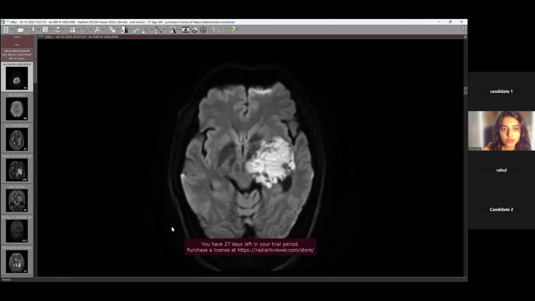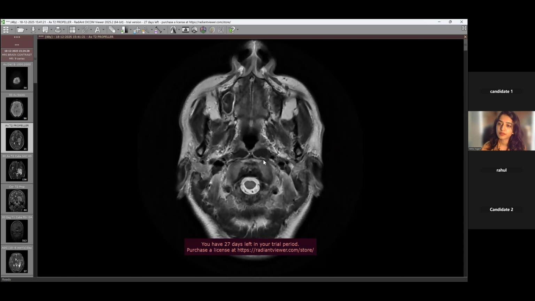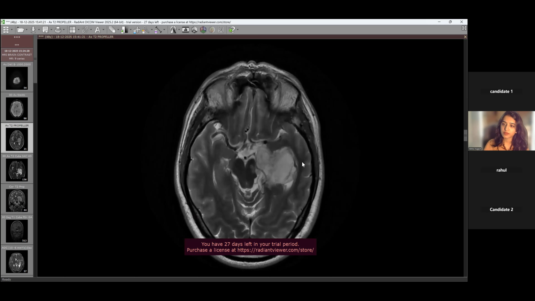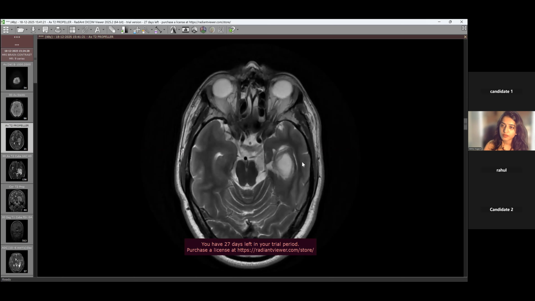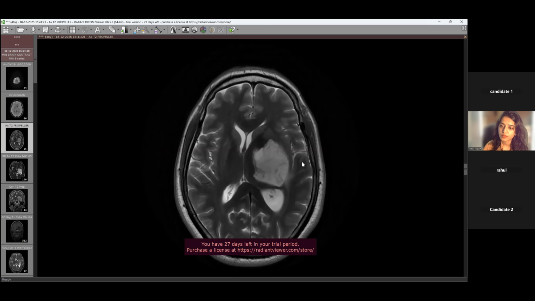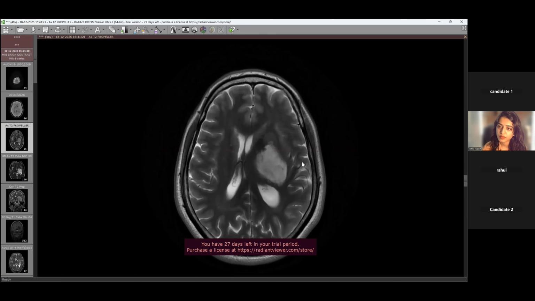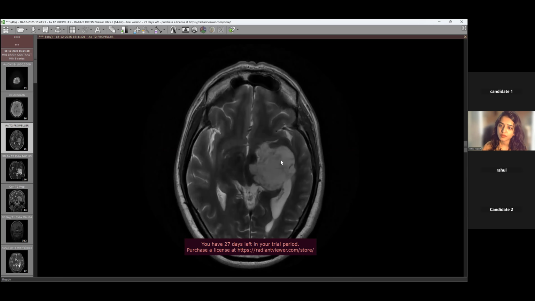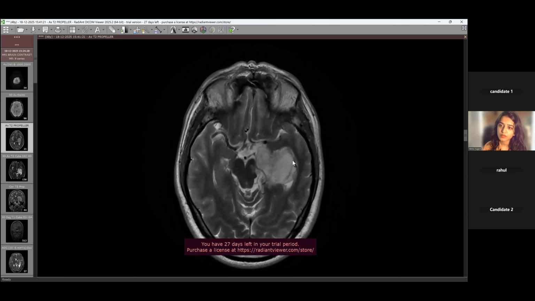You can go to the T2 and other sequences, whichever you'd like to conclude. Okay, I would go to a T2 sequence. So axial T2 sections show the lesion to be having a homogeneous iso to hyperintensity, and it also has an extra-axial component inferiorly.